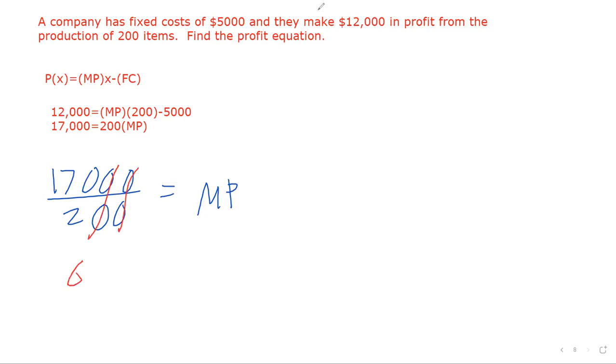So that's going to be 85. So they make $85 every time they sell an item. So they have an $85 markup. Not bad if you can get away with it. But our equation for profit will now be 85x minus 5,000.